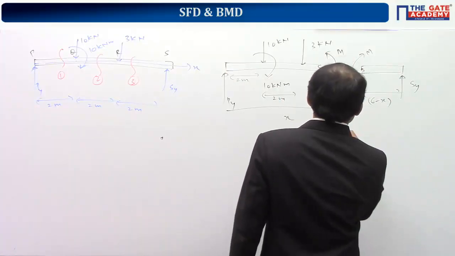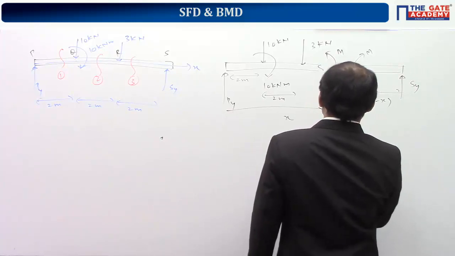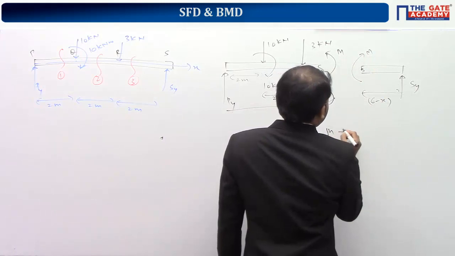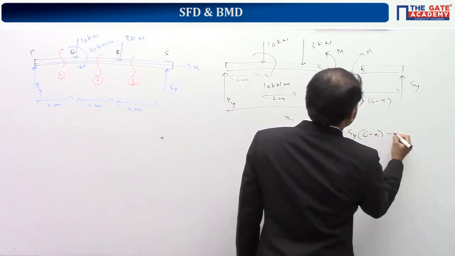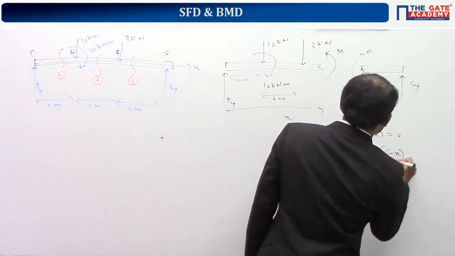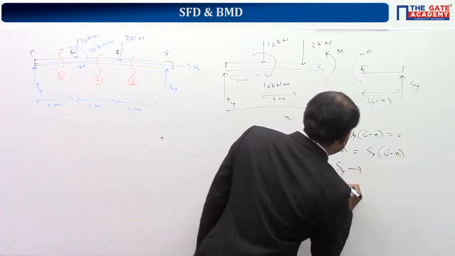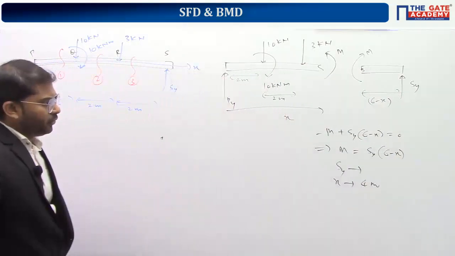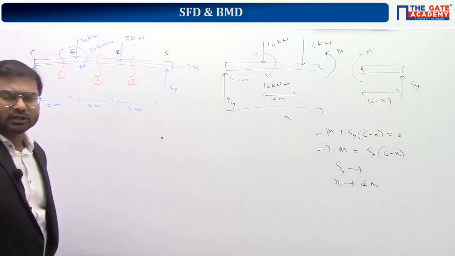So the bending moment m, you can write as m clockwise plus Sy into (6 minus x) anti-clockwise is equal to 0. This implies m is equal to Sy into (6 minus x). You should substitute the value of Sy and x equal to 4 meter. I think Sy is, how much? 7 kilonewton or not?